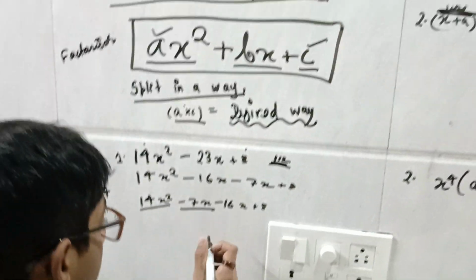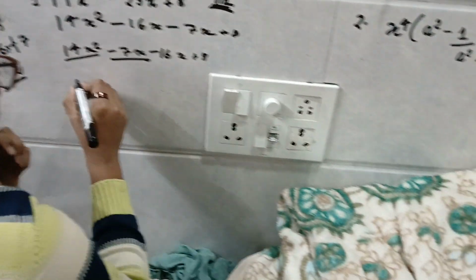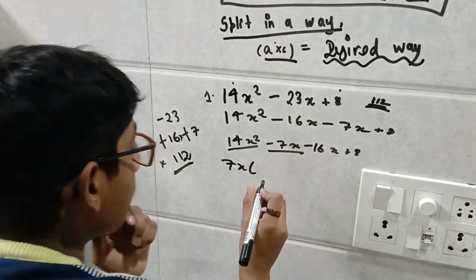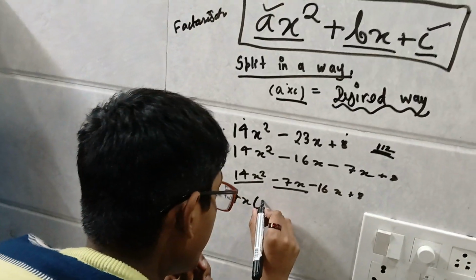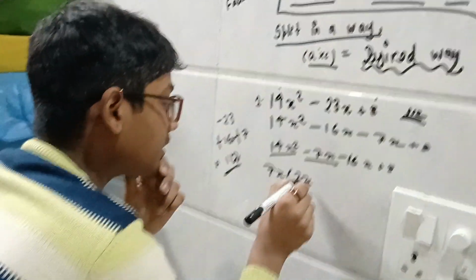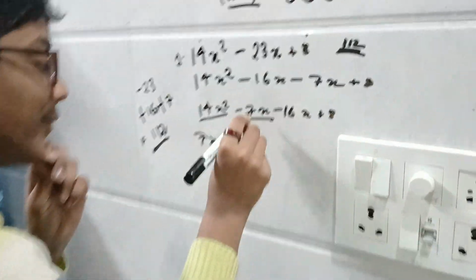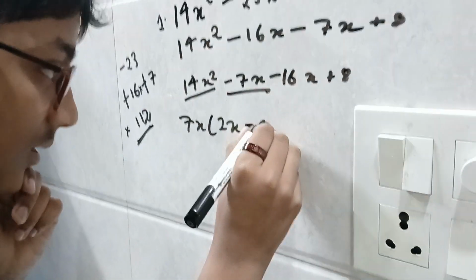The common factor is 7x. So we can write this as 7x out of the bracket. What will be left? The thing left will be 2x, because 2x multiplied by 7x is 14x squared, minus there will be 1, because 1 multiplied by 7x is equal to 7x.